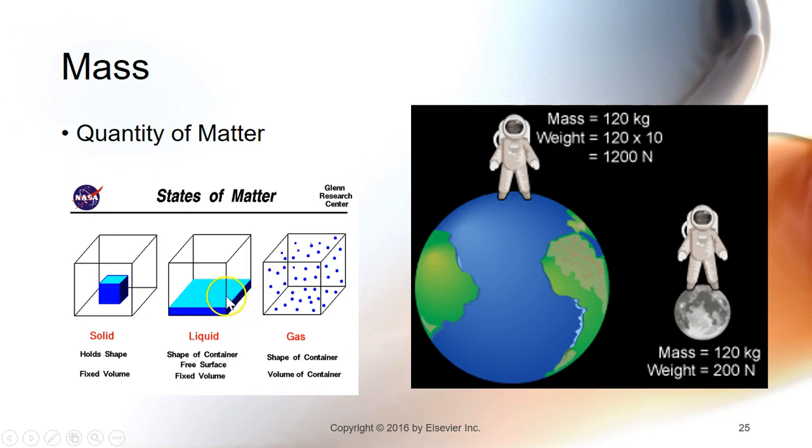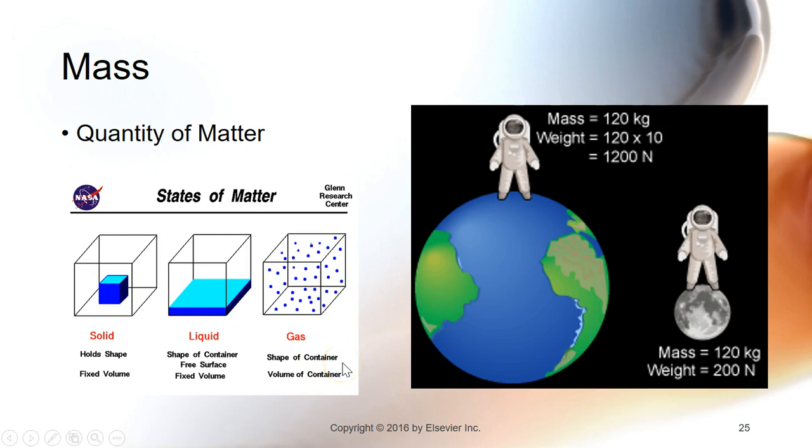Now, liquid will move to form the shape of the container, and it has a free surface, but it does still have a fixed volume. So if this box had water in it and we turn it upside down, the water is still going to move to the bottom because of gravity, but it still has the same amount of liquid as long as none of it comes out.